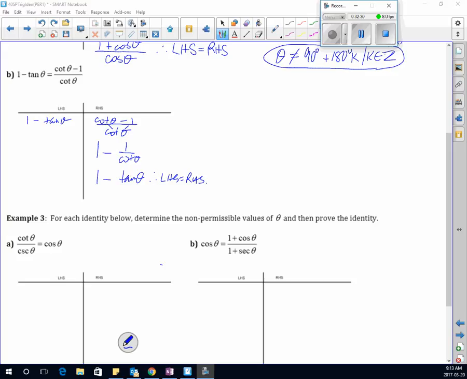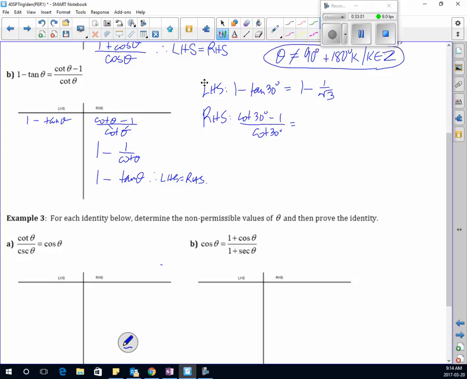Okay, so anyways, we need to prove it for 30 degrees. So, left-hand side, 1 minus tan of 30 degrees. What's 30 degrees for tan? Yeah, 1 minus 1 over root 3. I think I might just leave that like that for right now to see how the right-hand side treats me. So, right-hand side is cotangent of 30 degrees minus 1 over cotangent of 30 degrees.